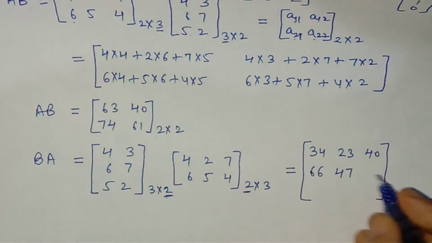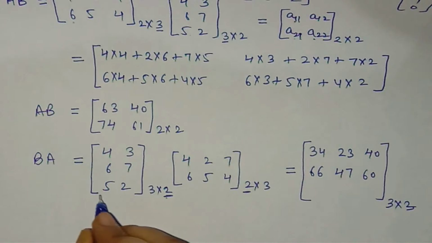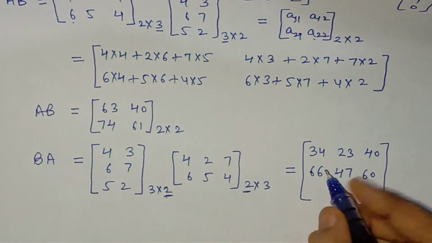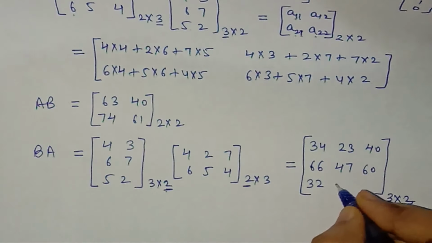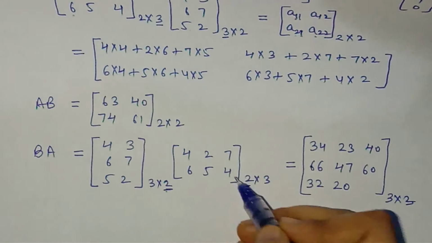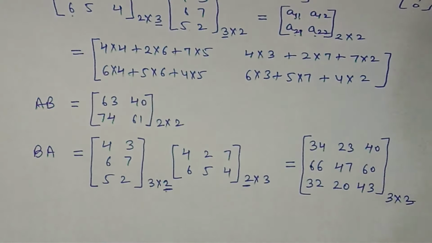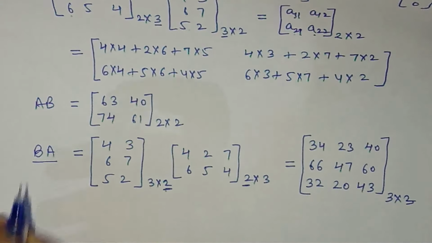Second row, third column. Adding them, we'll get 60. Then third row, first column, when multiplied, and the summation of the two will give me 32. The next one is 20, and the last one is A33, which is third row and third column. And if you multiply the corresponding elements of the third row with the corresponding elements of the third column of second matrix, we'll get 43. So these will be the elements of the new matrix after multiplication, which is B into A matrix.